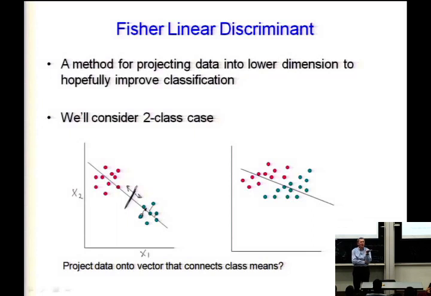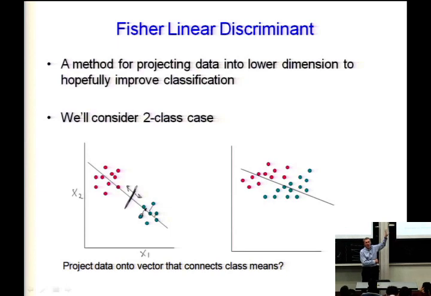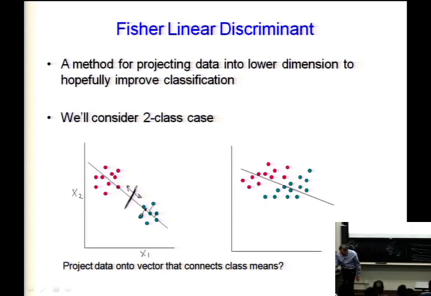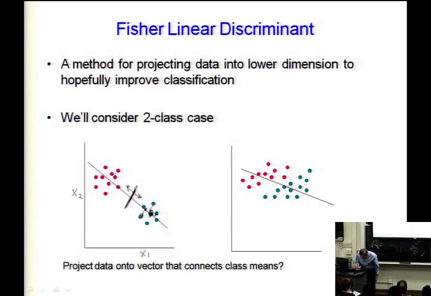Maybe a more reasonable thing would be to say, well, let's take all the points which have y equals red, and let's find the mean of those points. And let's find all the points that have y equals green and find the mean of those. Here's the mean of one of those, here's the mean of the other.